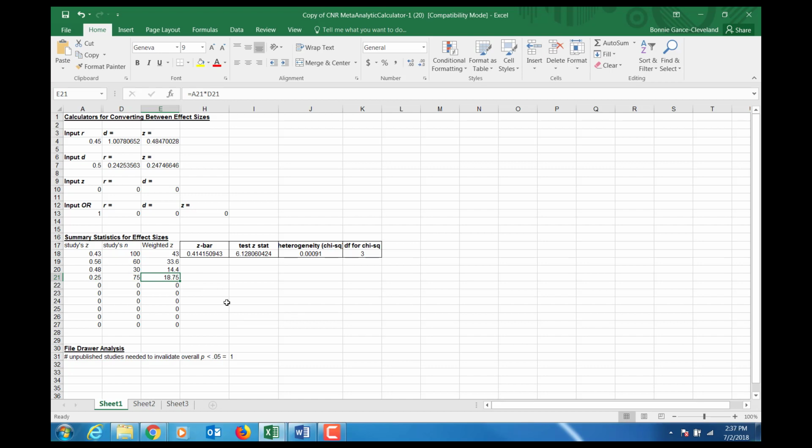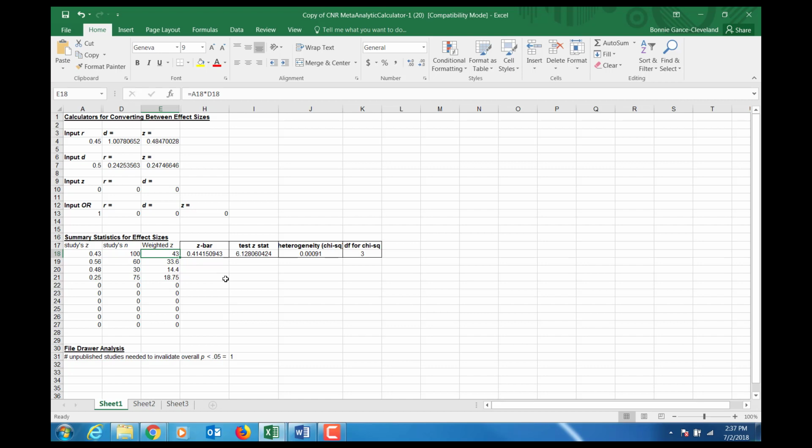Now the next step is for you to calculate the average of those Z scores. So you're going to take these weighted Z's, your 43, your 33.6, your 14.4, and your 18.75, add those together, and you get 109.75. Divide by 4, and you get 27.4. So your average Z-score is going to be 0.27.